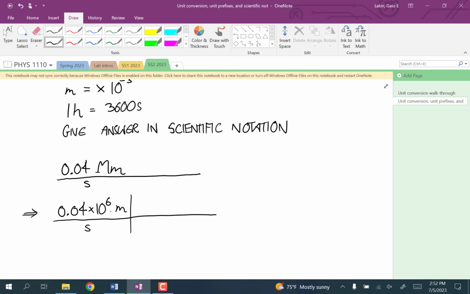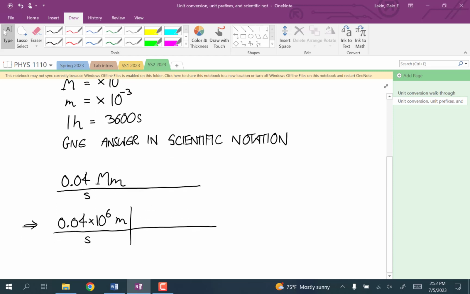Okay, so the way to go about this is, since we're going from no prefix to a prefix, we're going to do it as a unit conversion. So you can think of 1 millimeter as being equal to 1 times 10 to the minus 3rd meters.